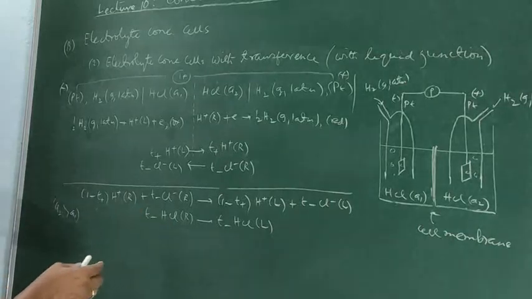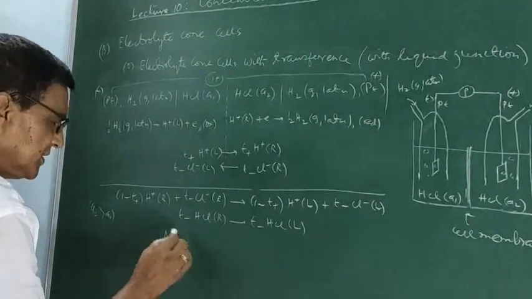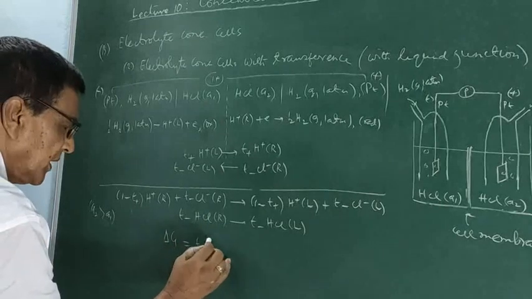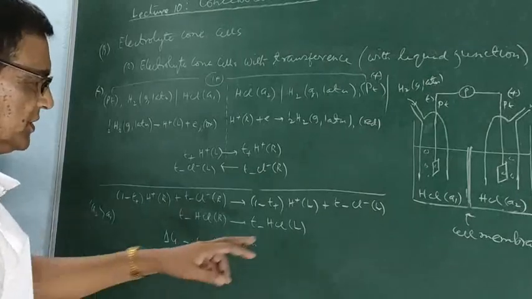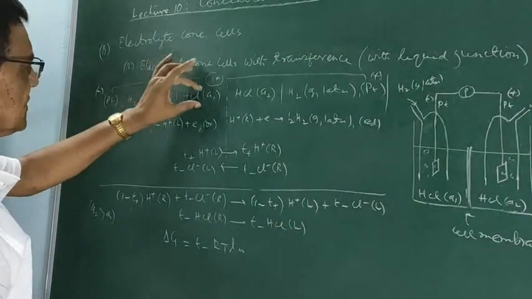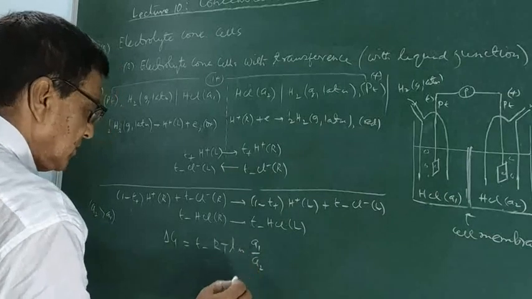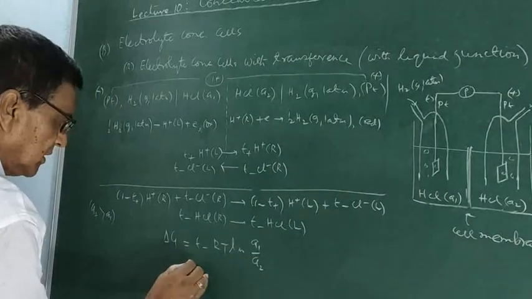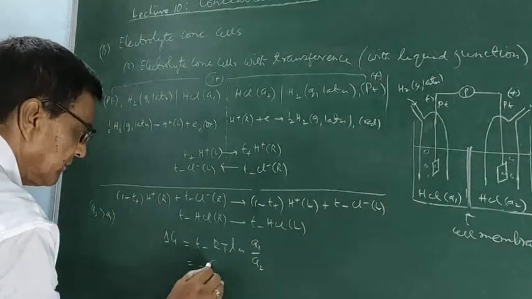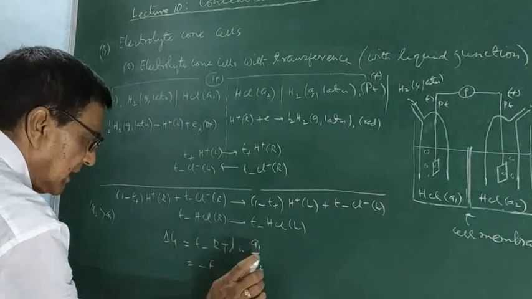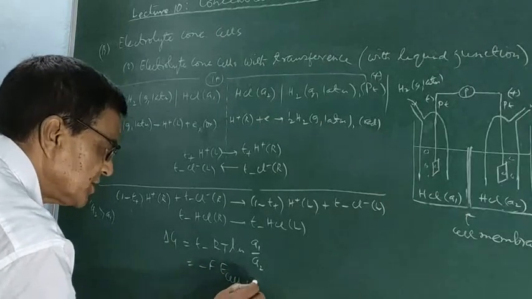And if we consider the free energy change for this transport, it will be t minus RT ln of the activity on the left-hand side, a1 divided by a2, and this is equal to, for 1 Faraday of electricity drawn, minus F E of the cell with a junction.